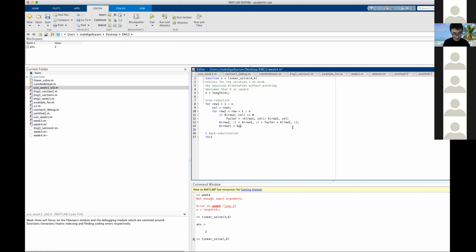So it's B row 1, the same as the previous line, just change A to B. Factor multiplied by B row 2. Okay, so this we end the for loop, and end. Now we finish the row reduction here.